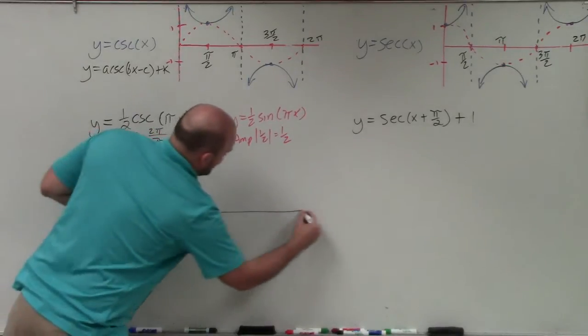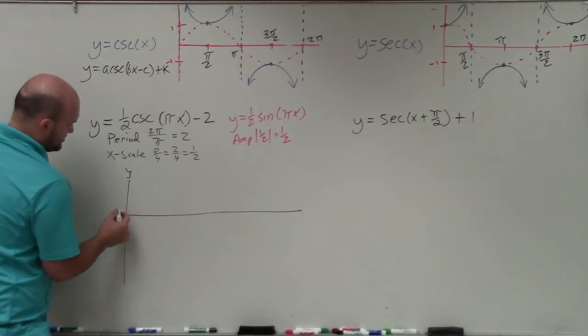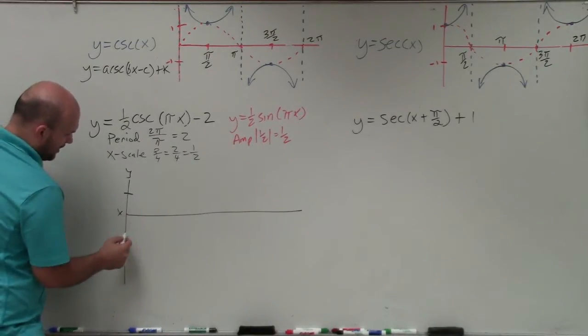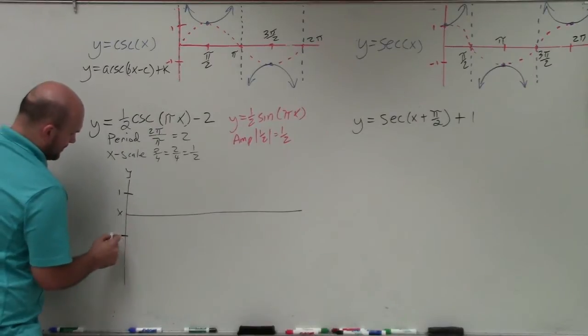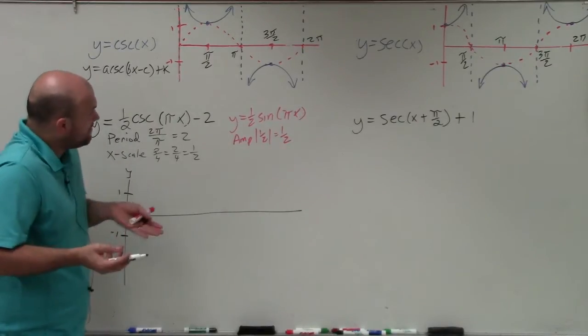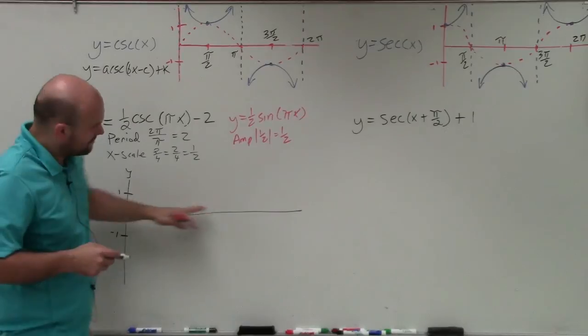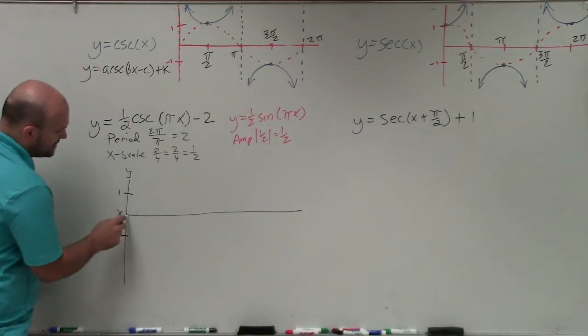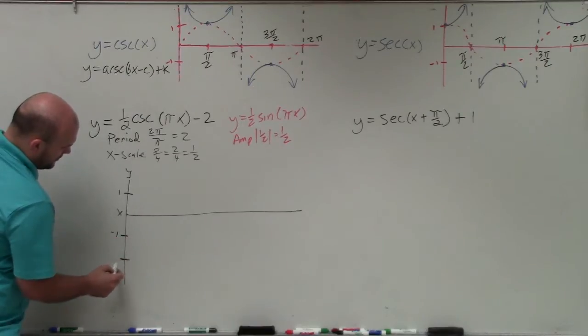So let's go ahead and say, all right, here's my y-axis, here's my x-axis, right? Typically, we would graph going up to 1, going down to 1. Well, but now remember, we're translating. Everything that was previously on the x-axis, all these intercepts, are now being translated 2 units down. So 1, 2.